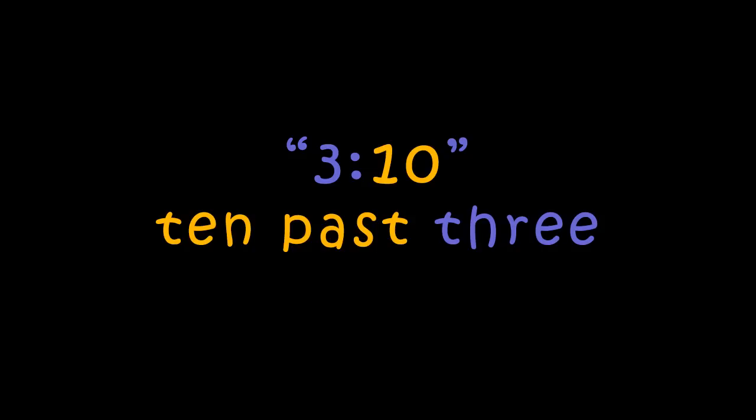So if the short hand is on the 3 and the long hand is on the 2, then it's 10 minutes that have passed since 3 o'clock. So we say 10 past 3. Now here, notice I've skipped 15. Okay, I'm going to come back to 15 later, but I've skipped it for now. There's a reason for that, so I'll explain that after I'm finished with this.